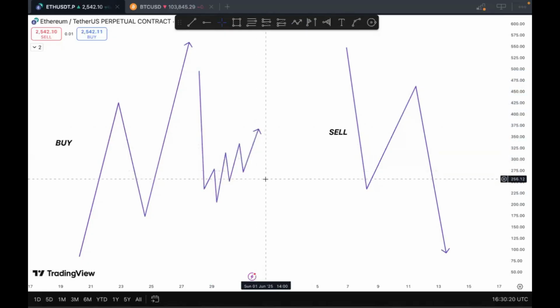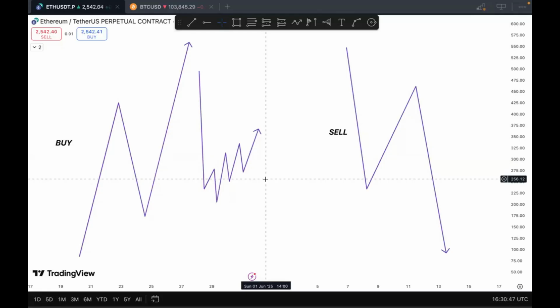After you have confirmed other confluences, like your supply and demand and also the key resistance and support, what's the next thing you do? You want to use your Fibonacci retracement tool to detect if the zone where the structure is formed is valid or not.